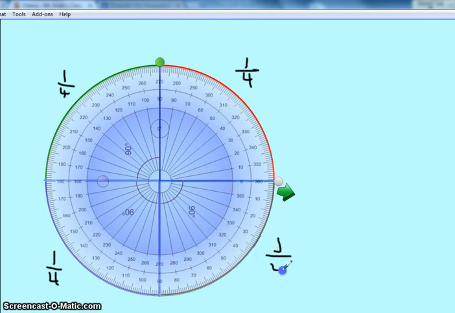So each one is 1/4 all the way around. So 2 would be 2/4, 3 right angles would be 3/4, and of course all the way around would be 4/4. Okay, make sure that you write down any questions about any misunderstandings you may have.